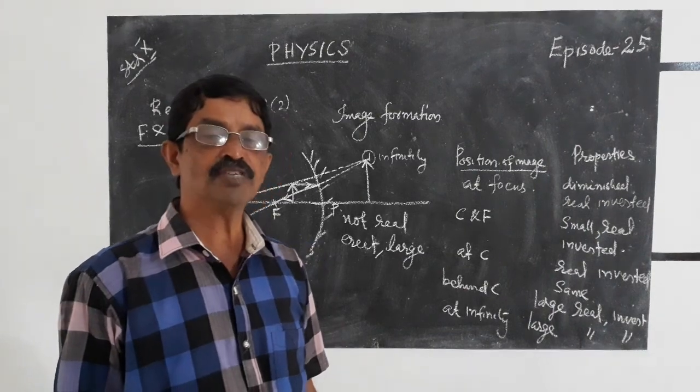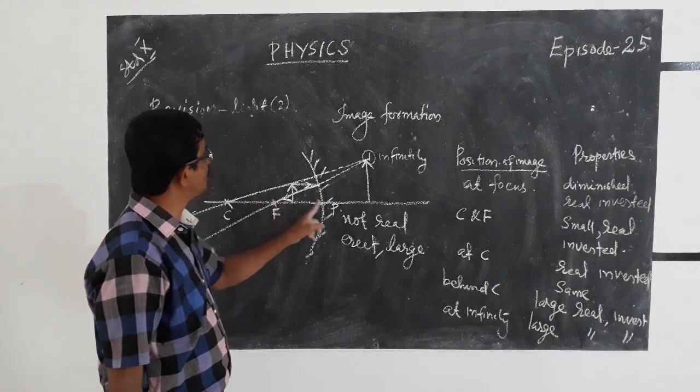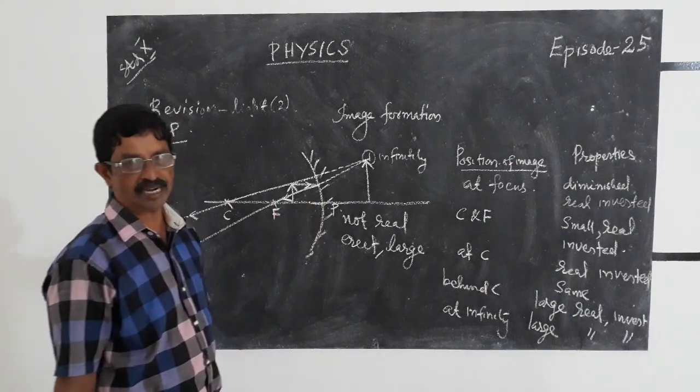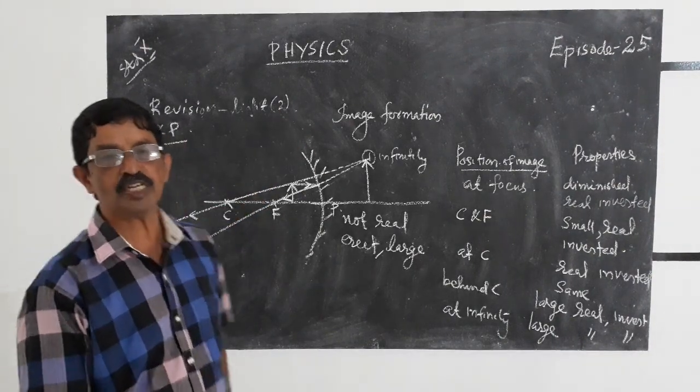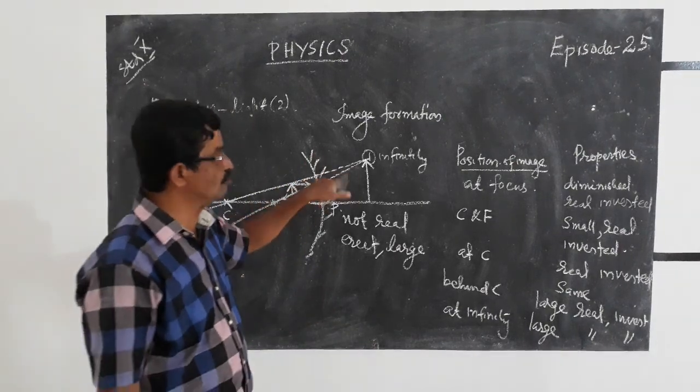This is when we place the object in between the focus and pole of the concave mirror. These are the image formations by a concave mirror.